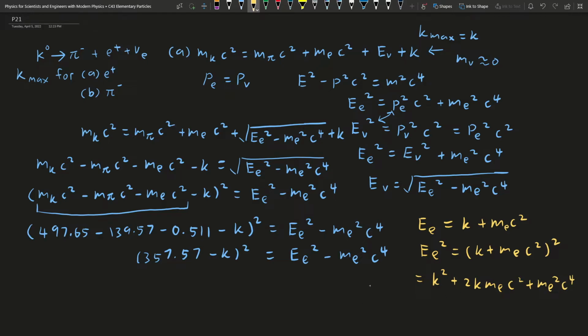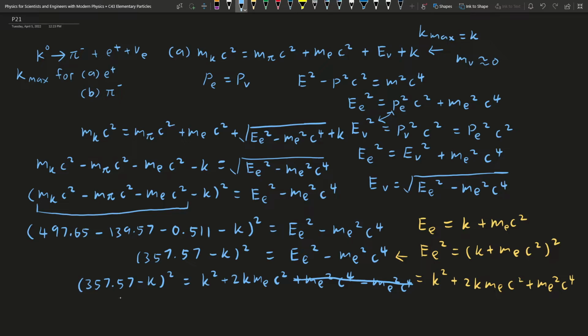Now we substitute inside here: 357.57 minus K, squared, equals K² plus 2K m_e c² plus m_e²c⁴ minus m_e²c⁴. You can see this thing will just cancel out and become 0.